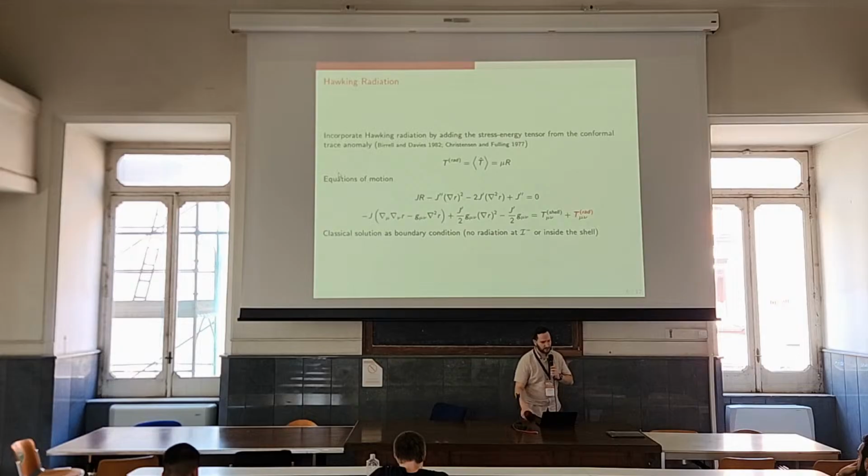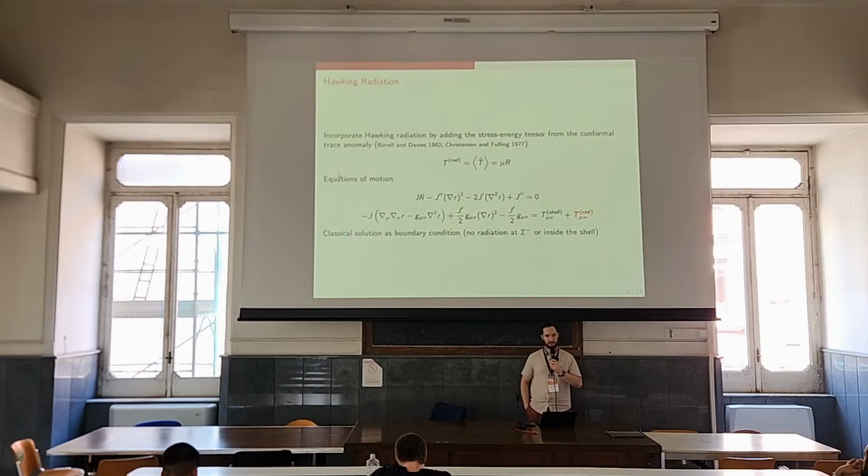Okay. So now that we have a regular black hole, we want to lift this to a semi-classical theory. So to add Hawking radiation, we take advantage of the conformal trace anomaly. Classically, a conformally coupled matter field has a stress tensor which has 0 trace. But when you quantize it, the trace becomes non-zero. And it's been shown that this anomalous stress energy tensor behaves like Hawking radiation.